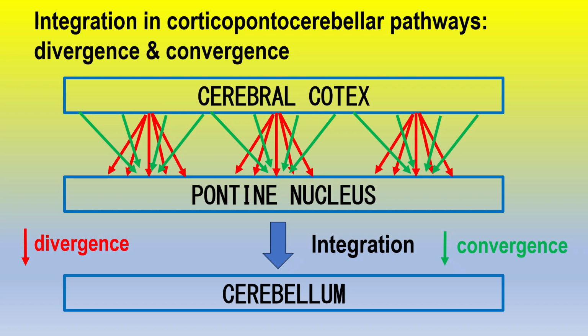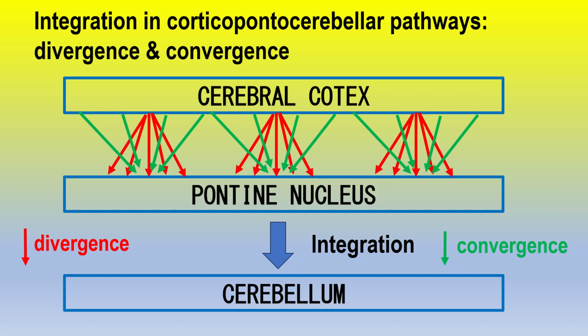Conversely, individual neurons in the pontine nuclei receive convergent inputs from multiple cortical neuronal groups, integrate this information, and output the integrated signal to the cerebellum. The corticopontine cerebellar pathway integrates a vast array of inputs from the cerebral cortex and projects them to the cerebellar cortex.